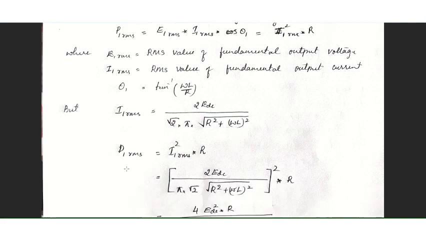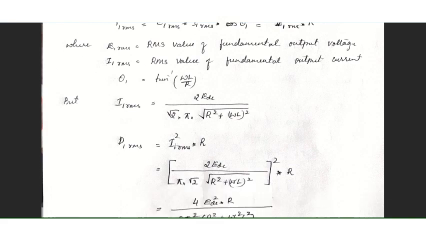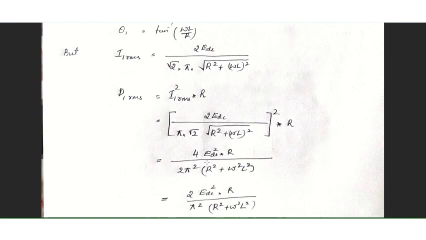So P1 RMS, the fundamental output power, can be written as I1 RMS square into R. Substituting I1, we have 2 EDC by pi root 2 root of R square plus omega L square, whole square, into R. That comes to 4 EDC square R by 2 pi square into R square plus omega square L square.